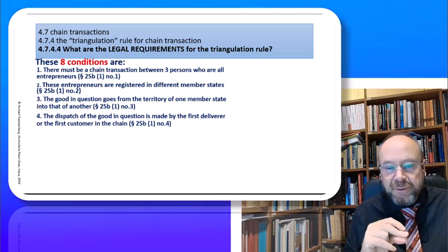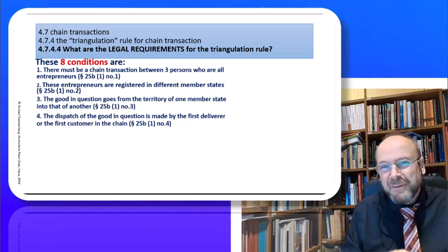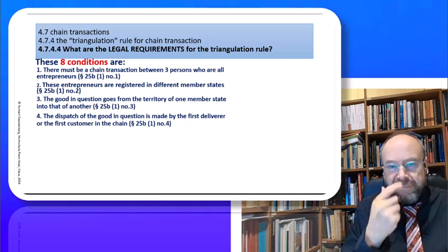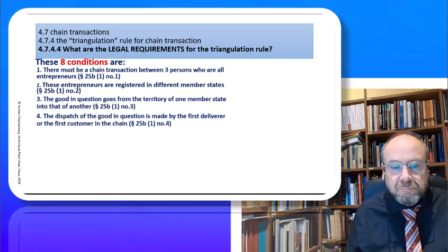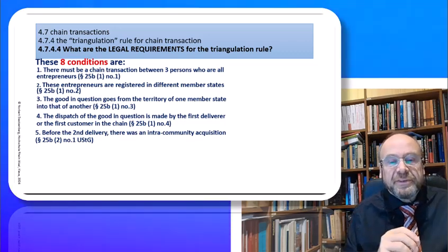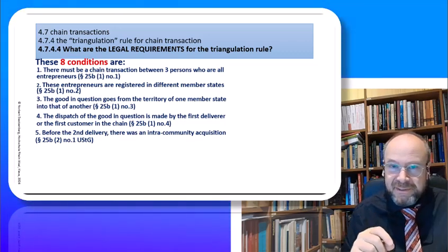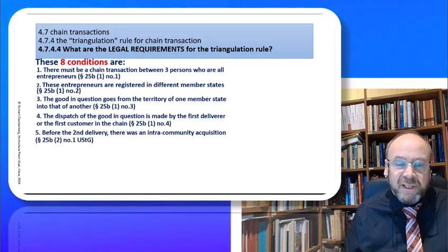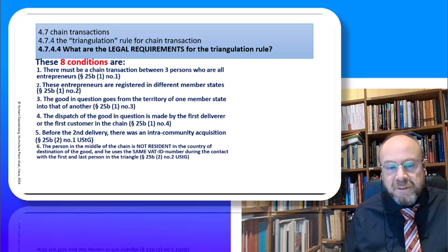The dispatch of the good in question is made by the first deliverer or first customer in the chain, because otherwise you don't have that intra-community acquisition. And before the second delivery, there was an intra-community acquisition. It's then explicitly stated. God knows why, because it's basically equivalent to a combination of condition 3 and 4.